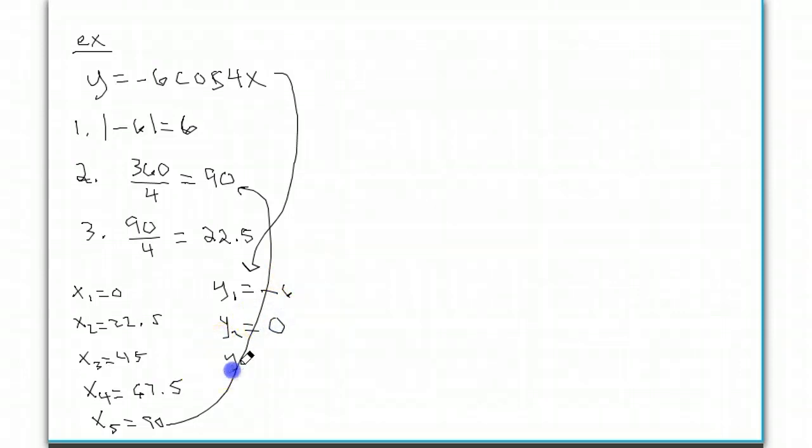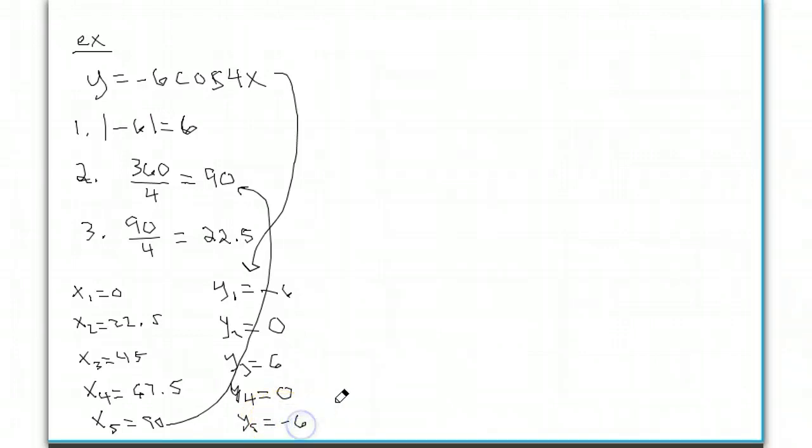And for y3, you're going to have -6 cosine of 4 times 45, which gives us +6. y4 is -6 cosine of 4 times 67.5, and that gives us 0. And then our last y, y5, we do -6 cosine of 4 times 90, which gives us -6.